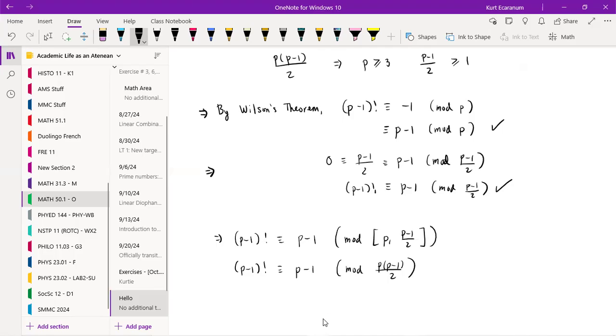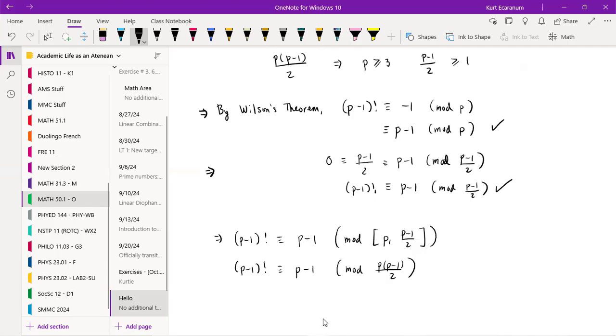We can assure that (p minus 1) over 2 is an integer, kasi p is odd. So, kapag binawasan mo ng 1 yun, even siya. Since even siya, you can divide it by 2 and still be an integer.